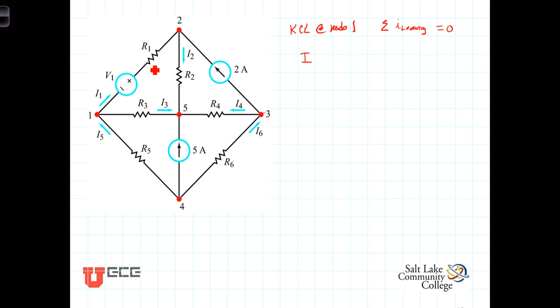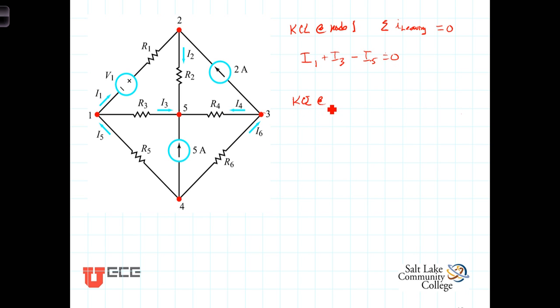I3 is leaving, plus I3. And then still here at node 1, we have the current in this branch, which has been defined as I5, entering node 1. So I1 plus I3 minus I5 must equal 0.